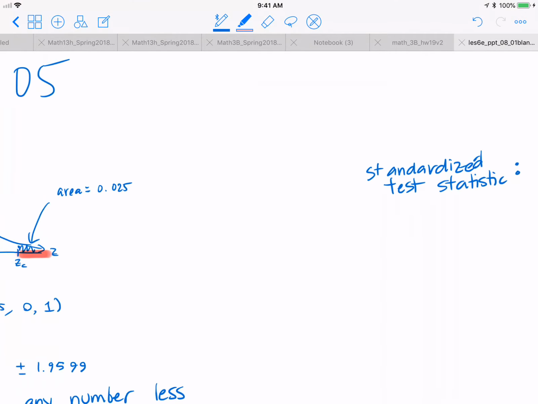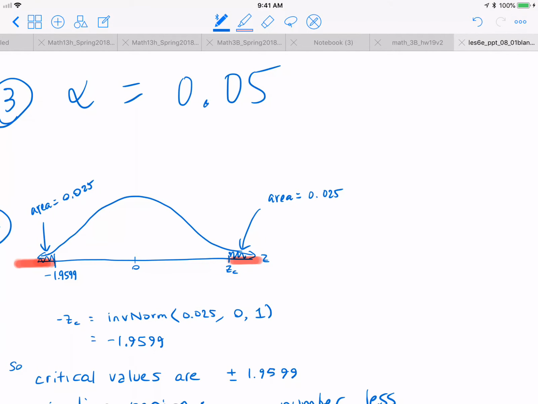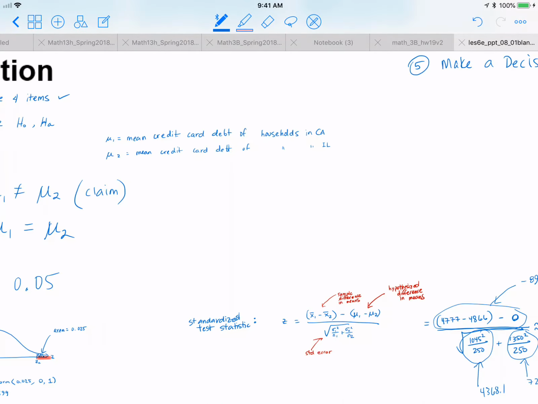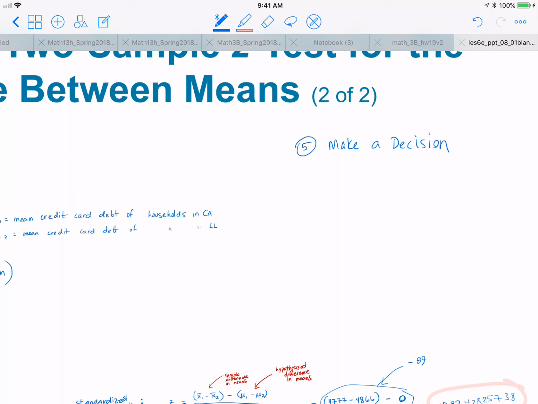That is clearly not going to be in my rejection region. This is my standardized test statistic. So my decision is to fail to reject, because my standardized test statistic is not in my rejection region. So my decision is fail to reject H0.